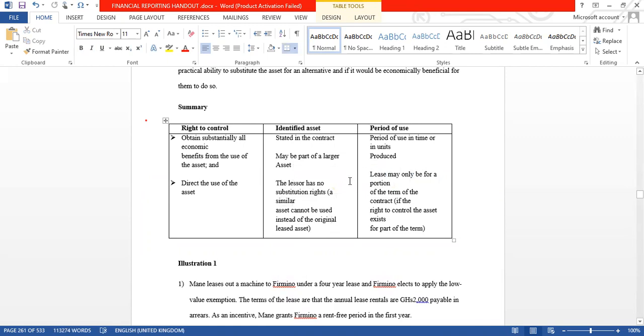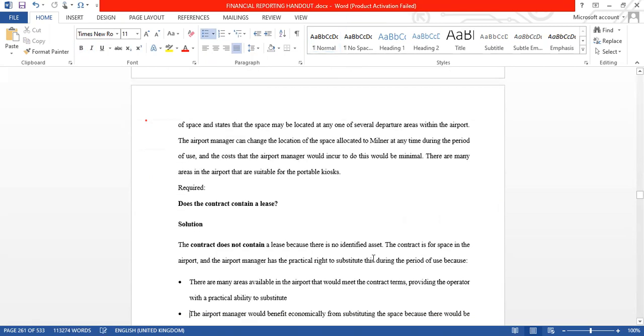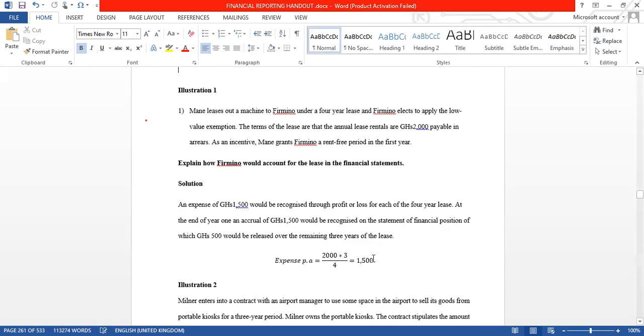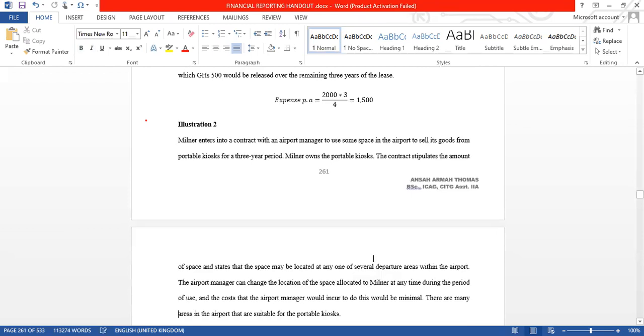And when you come back to the question, you realize that we said that the lessee should have direct control. But you see here that the airport manager can change the location and space allocated to Miller.